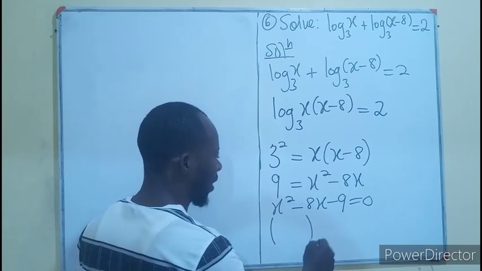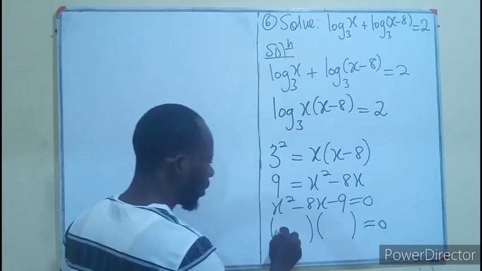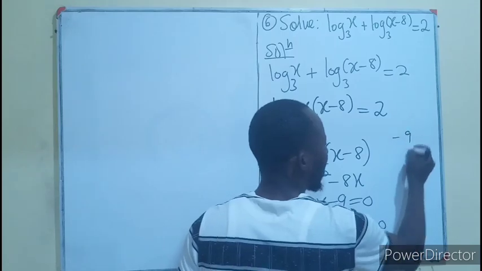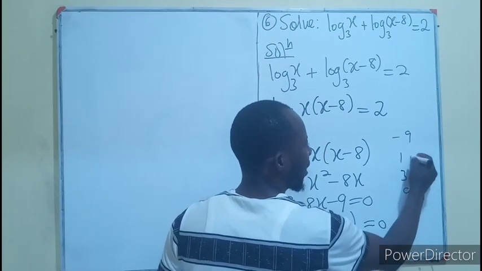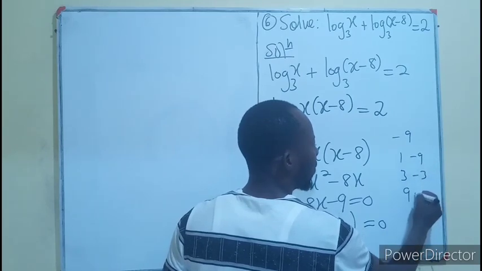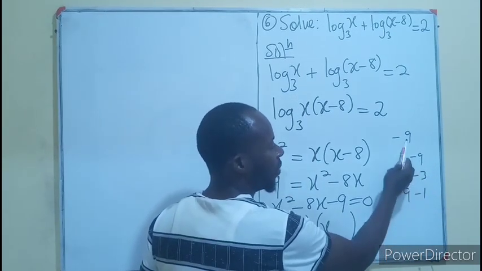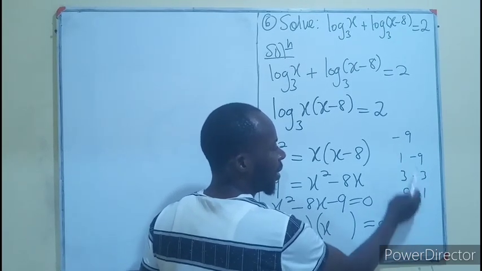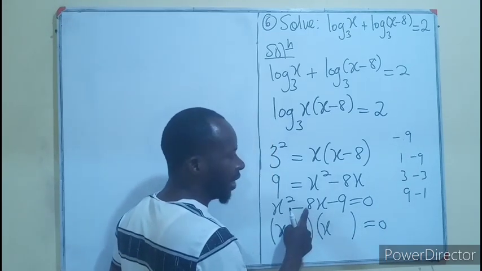The factors are going to be in 2 brackets, each starting with x. The factors of negative 9 are 1, 3, and 9, negative 9, negative 3, negative 1. Now you check and see which pair, if you add, gives you negative 8.